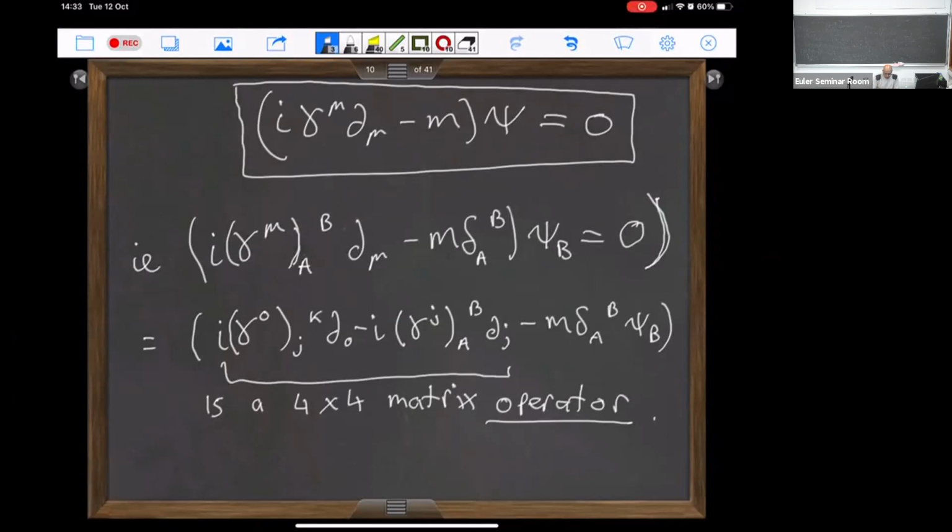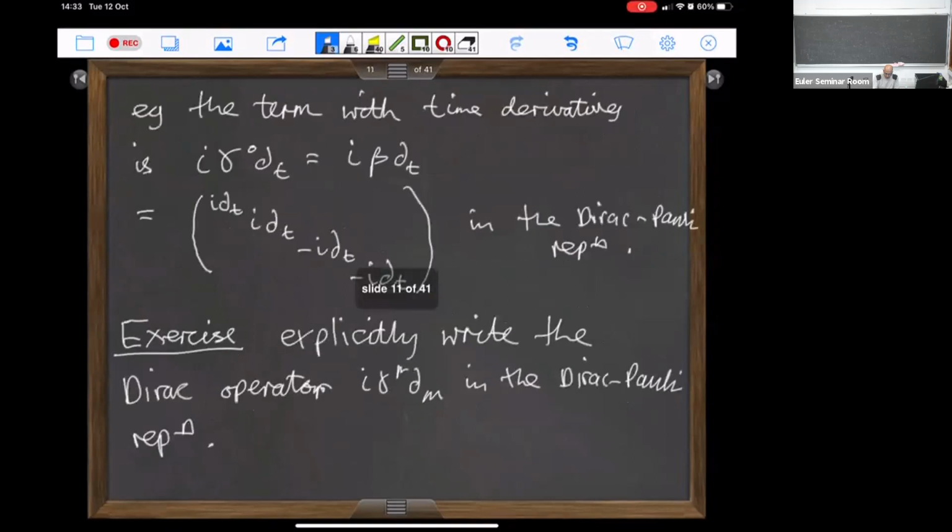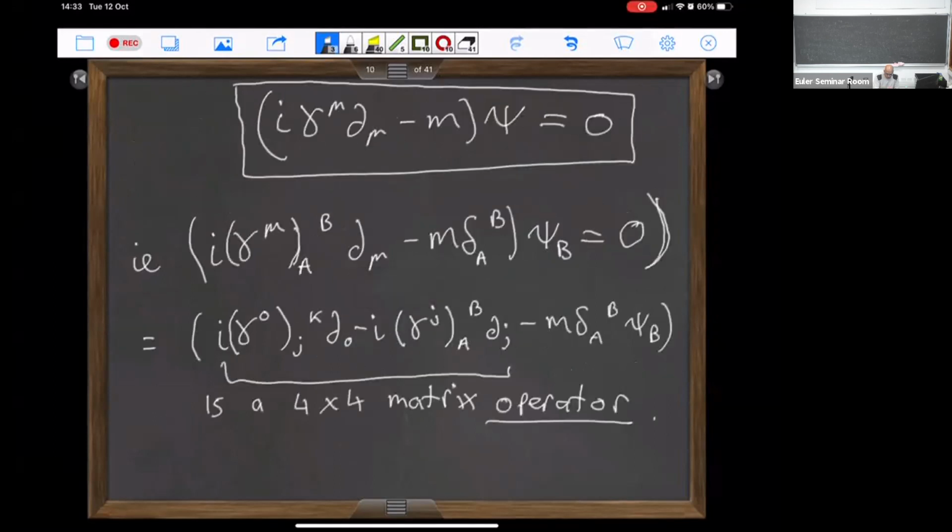So it's important that we understand this is the Dirac operator. We have to understand what it looks like. So for instance, the term that involves the time derivatives is the first term here, of the form i times gamma 0 multiplied by d by dt.